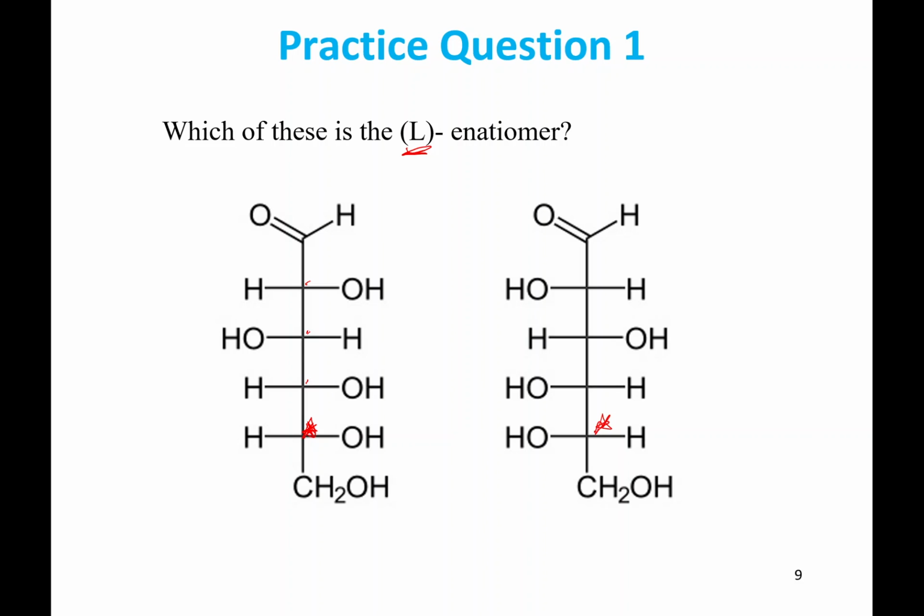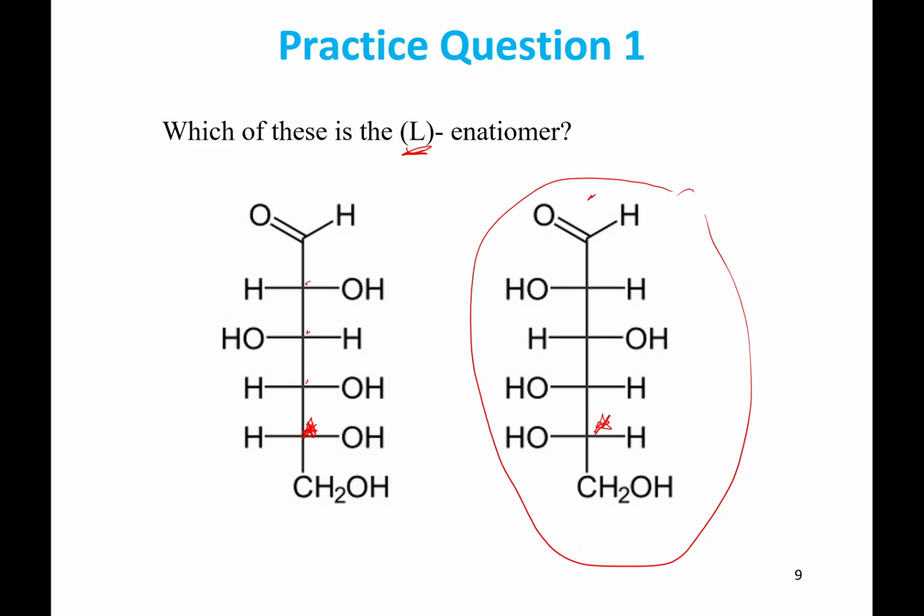Okay, and this is asking for the L enantiomer. So when we have the carbonyl on top of the Fischer projection, we look to the stereocarbon that is furthest from that, and then the OH group needs to be pointing to the left for the L enantiomer, just like in L-glyceraldehyde. So that would be this guy.